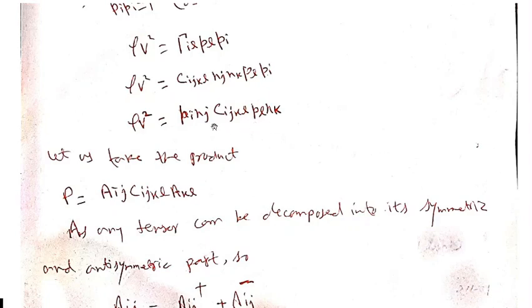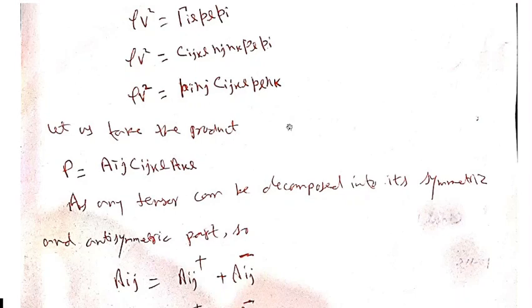But we are writing with the same, that p_i n_j, p_k, p_l n_k. So you can write n_k p_l. So here we have written a_ij C_ijkl a_kl.